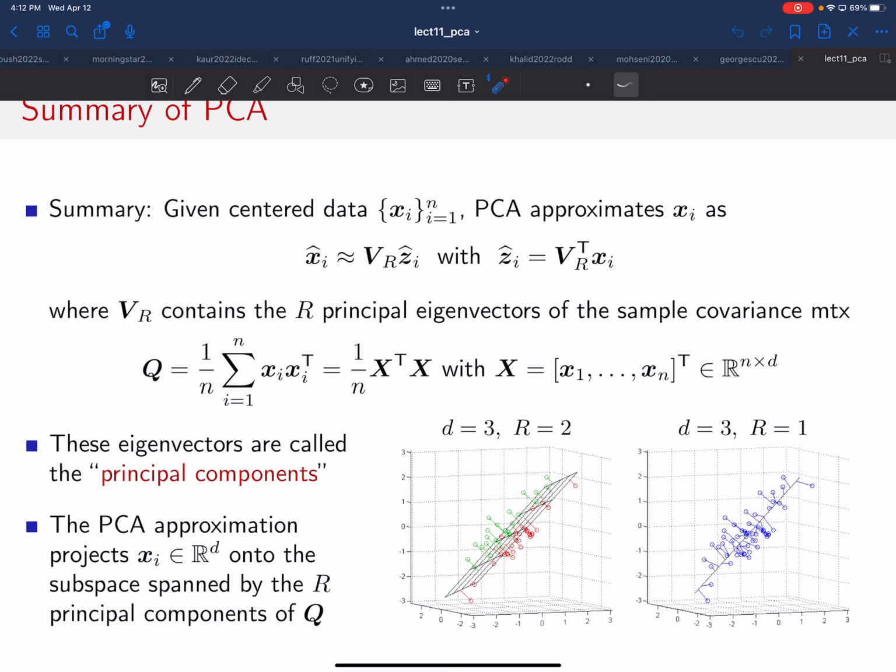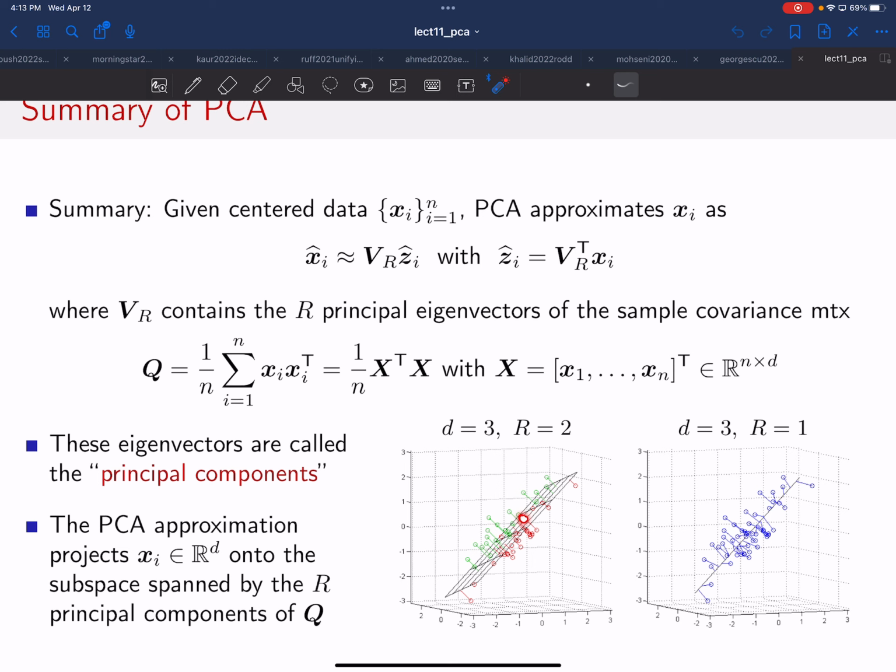So basically the way that we come up with these z hat i's, these are the coordinates in this new plane. So this new plane is going to go through the origin. So let's see, where is the origin here? Maybe somewhere around here. So this plane goes through the origin.